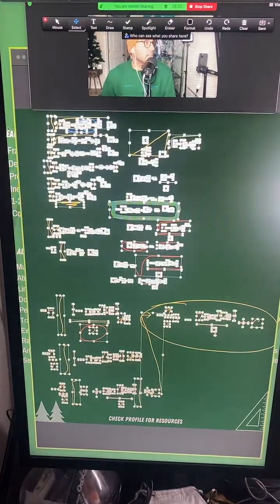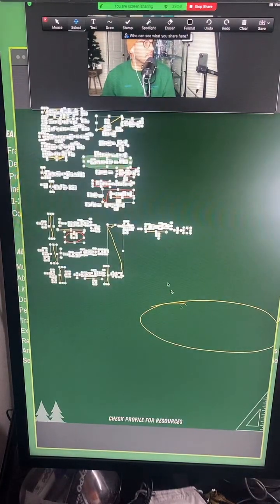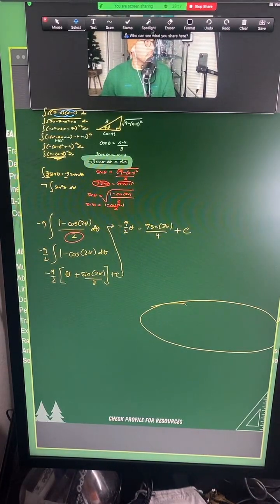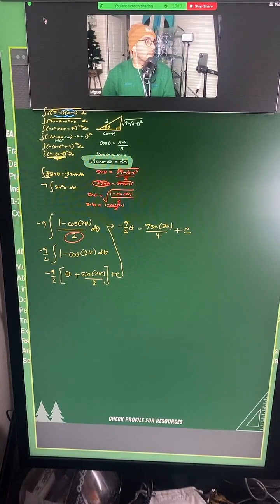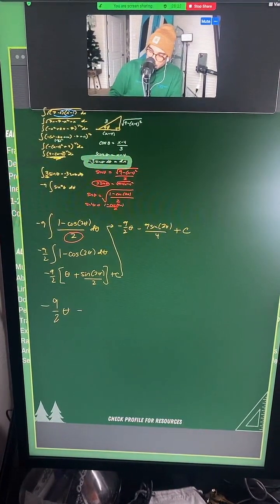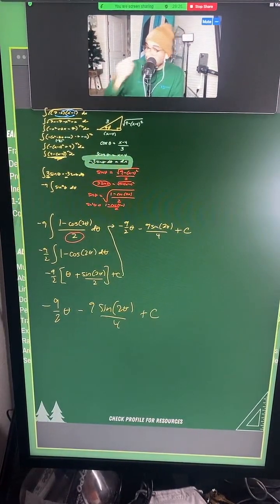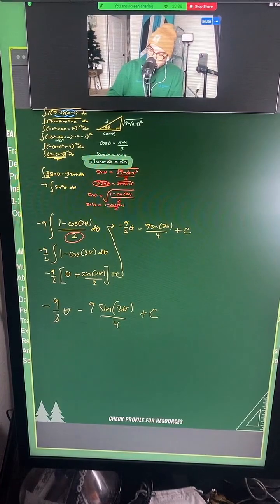Okay, so let me make this smaller. I love how these just continue to get even smaller. Okay, maybe, and then I got to move this one. All right. So this was my problem: -9/2 theta minus 9 sine 2 theta over 4 plus c. So don't forget, we had a couple things.